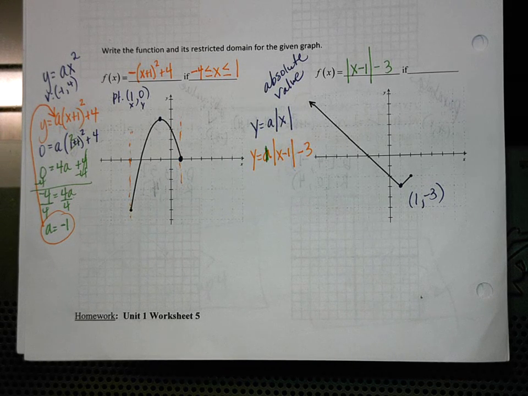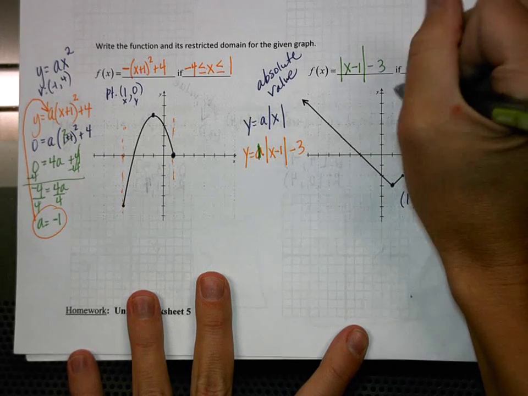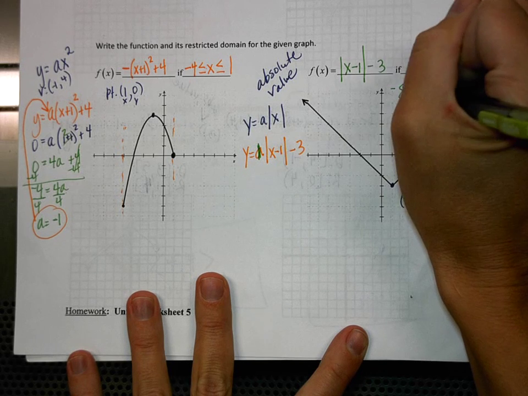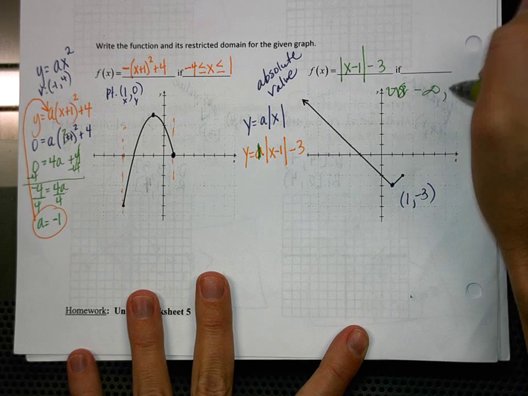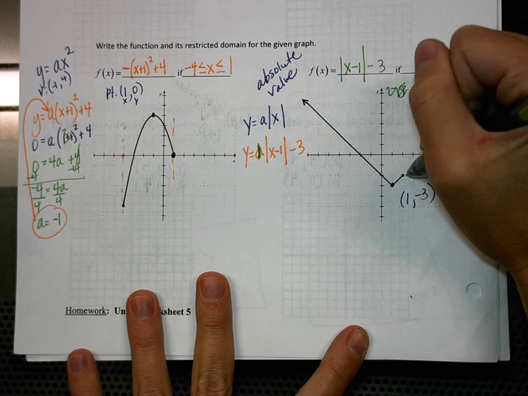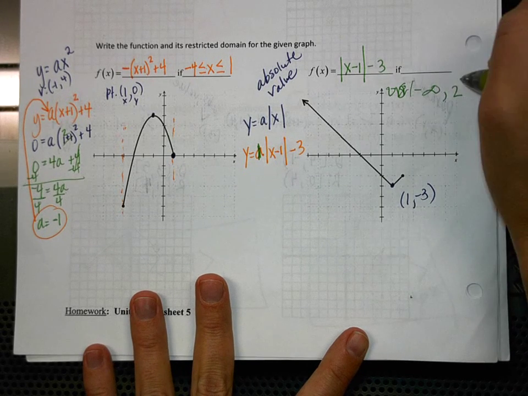Okay, so what's my smallest x value? Negative infinity. Now, I'm going to write this down here because this isn't exactly how we're going to do it. So you know how you would have like negative infinity, and then it's going all the way to 2. Do you guys agree? But this is not inequality, that's interval.